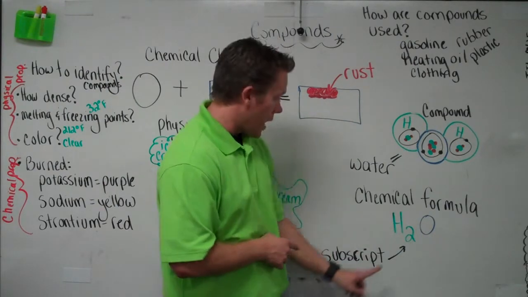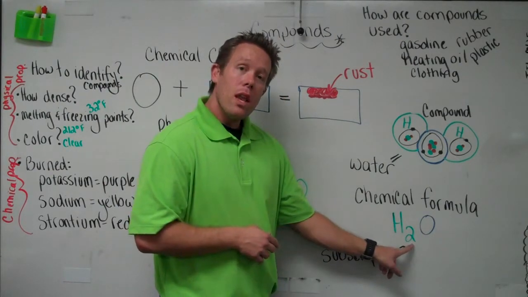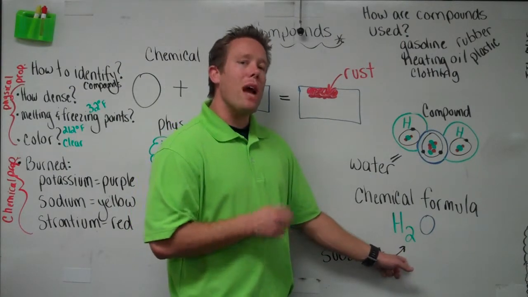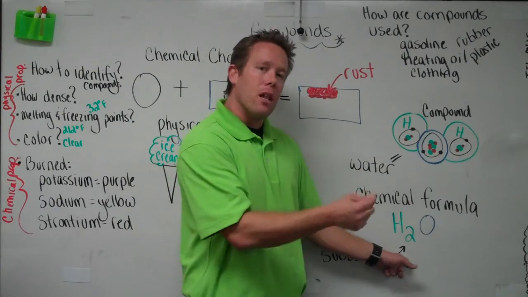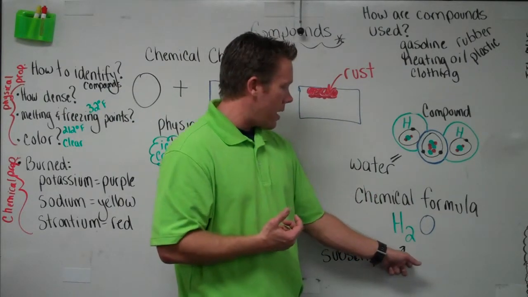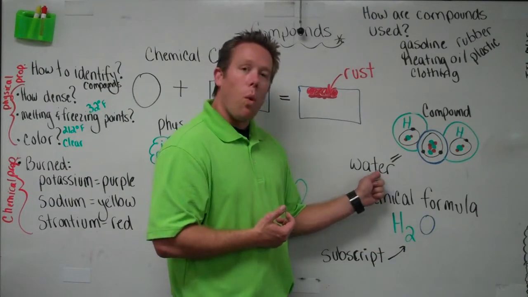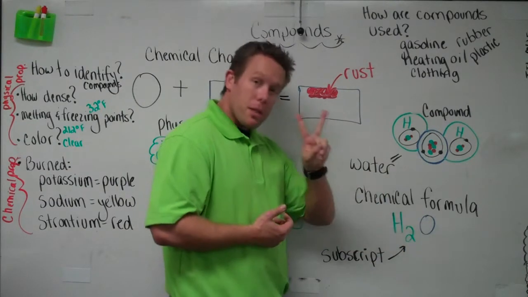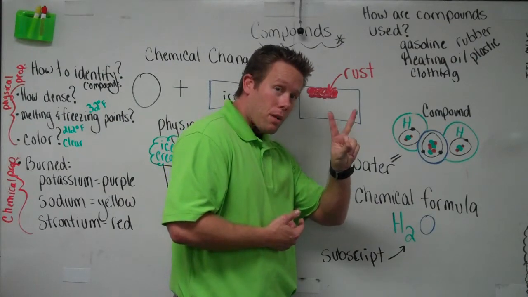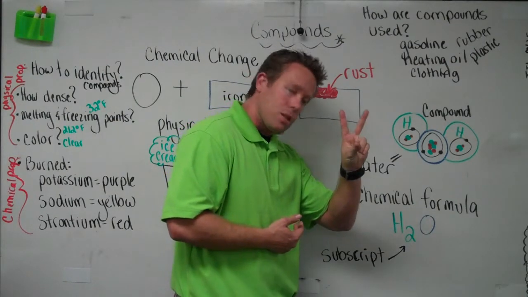That's the chemical formula. Now these little numbers here, these are called subscripts. And that tells you how many atoms of that element are involved to make that compound. So the compound water is made up of two or more elements, hydrogen and oxygen.